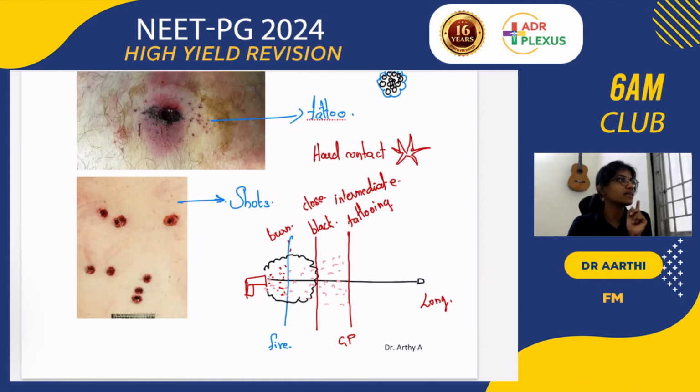But another thing that last year they have asked about is your barium, right? So whenever in the question you are seeing a deranged level of potassium, think about barium.